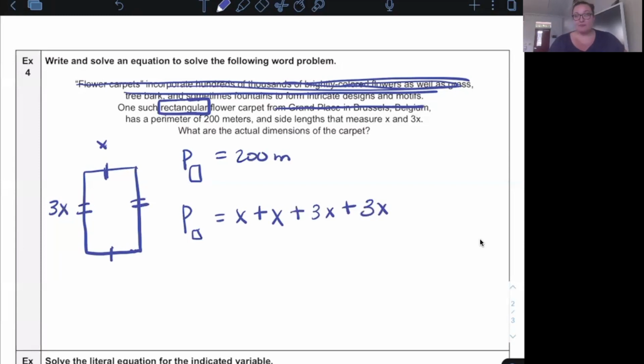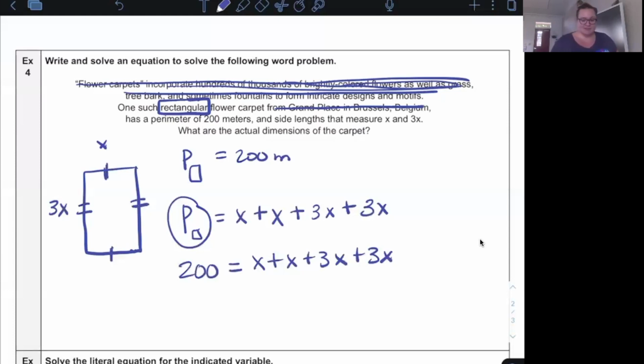Well, I know that the perimeter is equal to 200, so I'm gonna replace the perimeter of the rectangle with 200 is equal to x plus 3x plus 3x. Well, x plus 3x plus 3x is equal to 8x. Divide both sides by 8 to get x by itself.